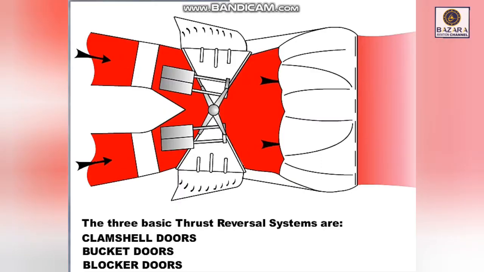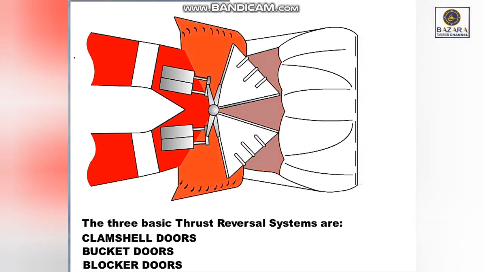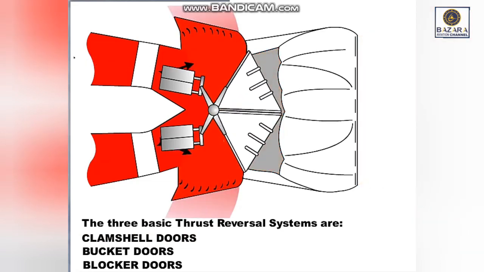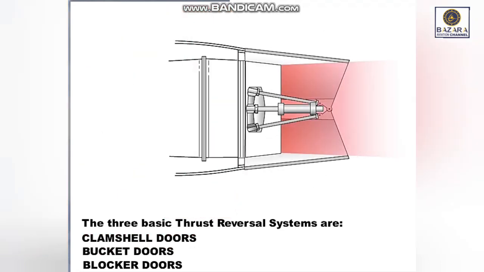We have three types of thrust reversal system. The first one is called clamshell doors, as we see here. The second one is called bucket doors, as we see here.